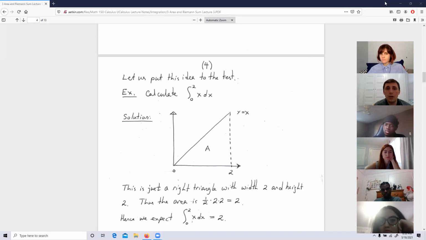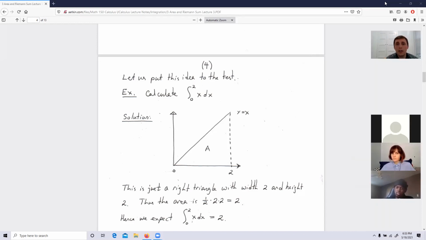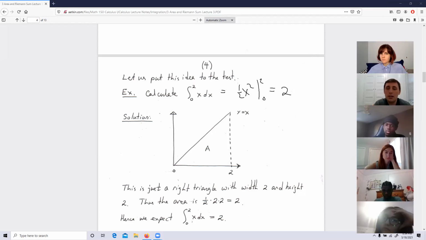Now, of course, we are learning it out of order, but you also remember that there is a shortcut, right? So this should be something like x squared times 1/2 evaluated from 0 to 2, which, if you plug in 2 here, is 4 over 2, so the answer is 2. So with the shortcut, you can see that the integral should yield 2, but why is the shortcut working?